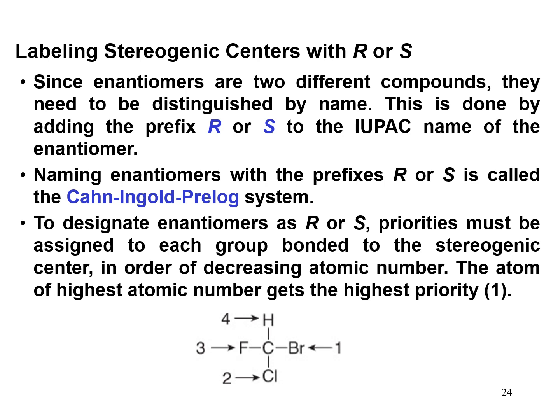These are the names of the scientists who for the first time tried to label and put this rule in place for the identification of enantiomers. So, to designate enantiomers as R or S, priority must be assigned to each group bonded to the stereogenic center in order of decreasing atomic number. So the 4 substituents attached to the stereogenic center can be given numbers according to their atomic number.